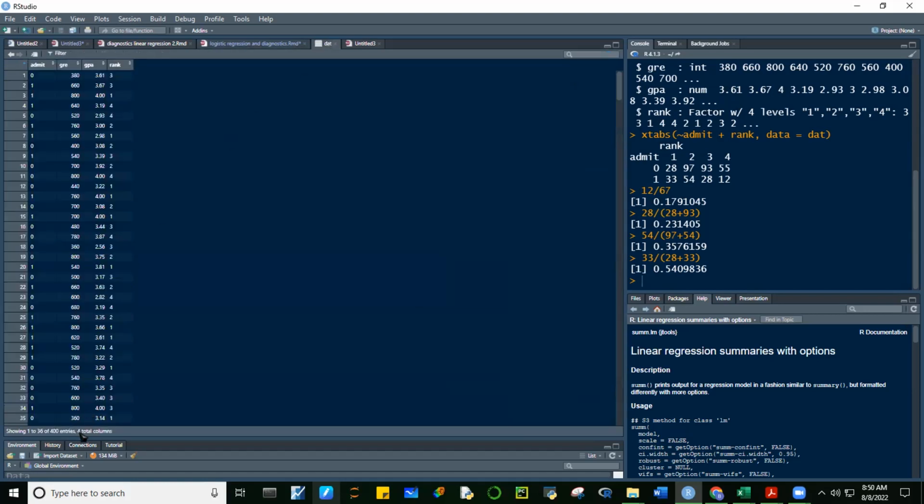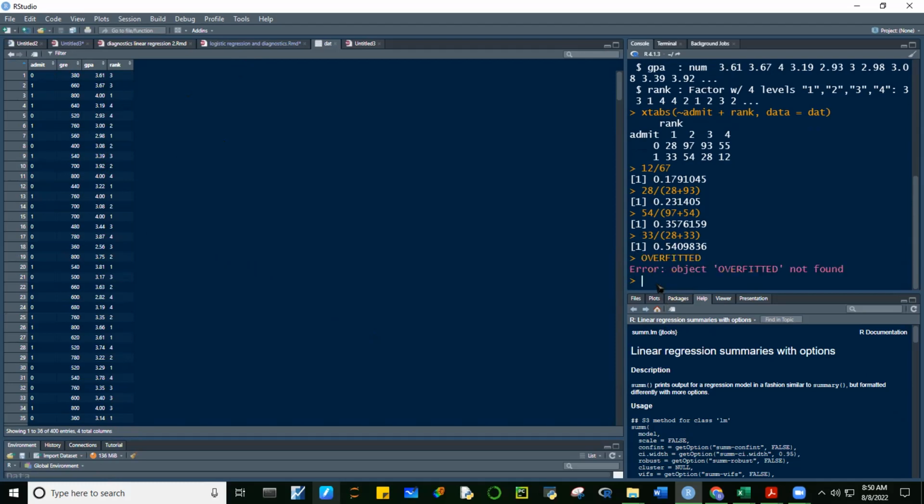We only have 400 observations. If we use all of these 400 responses to come up with a model that will predict admit, then when we use new data, it might not work well because our model was derived using the 400 responses. So we might have a model that's what we call overfitted.